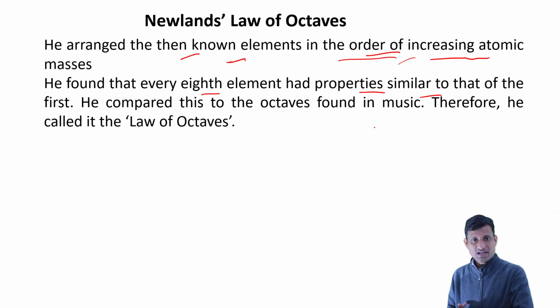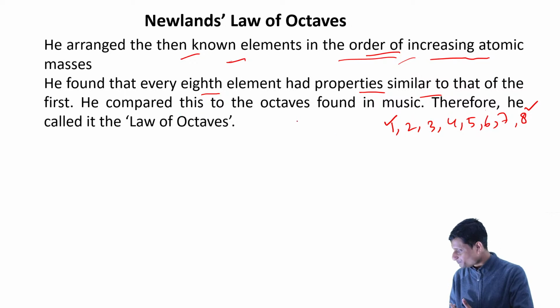If we start with 1, 2, 3, 4, 5, 6, 7, 8, the 1 and 8 will have similar properties. He compared this to the music system, which is the law of octaves.